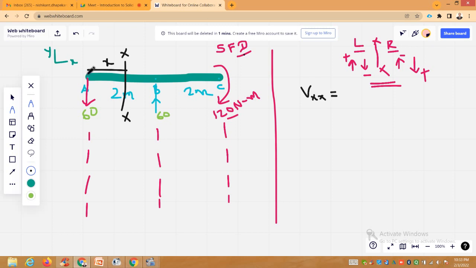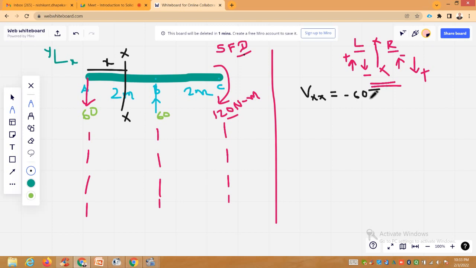is equal to, the left it is in downward direction, section left downward minus, so it will be minus 60.